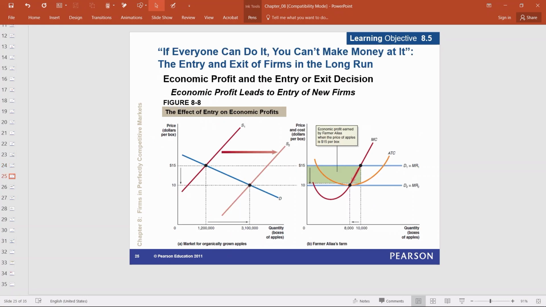Okay, in this slide, another notion or concept is economic profit. So what is economic profit? In fact, economic profit is different from accounting profit because in economic profit we include opportunity cost and implicit costs that we showed before.